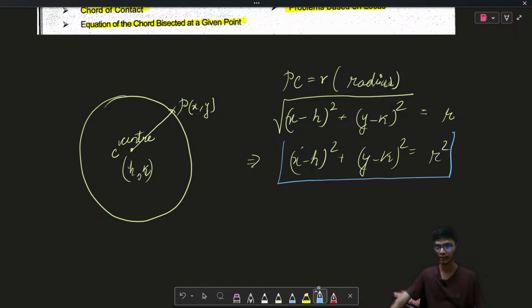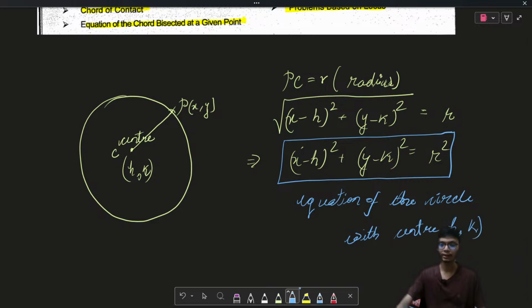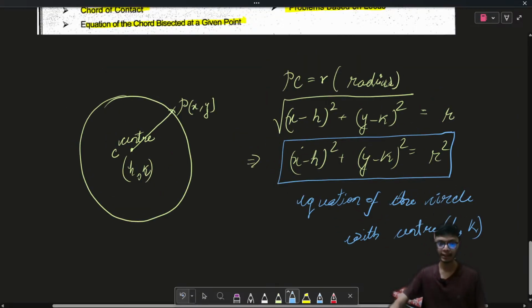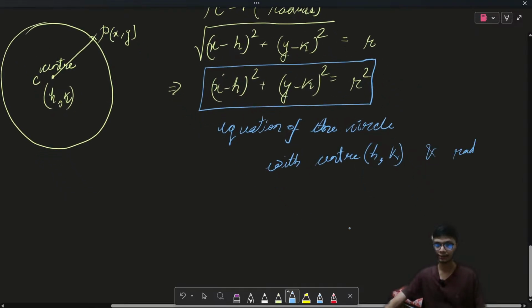So this is what is called the general equation of a circle, with center as h comma k, and the radius is r.